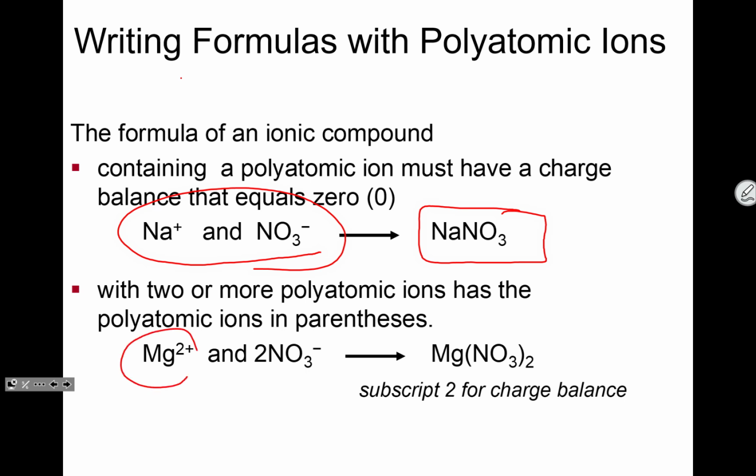So in magnesium nitrate, you need one magnesium cation for every 2 nitrate anions. And to indicate that you need 2 of these whole things, you put those in parentheses. You don't use parentheses if you only have one polyatomic ion in the formula. So let's get started here.